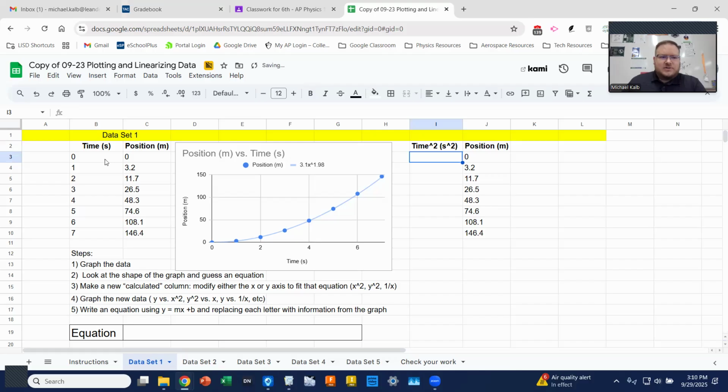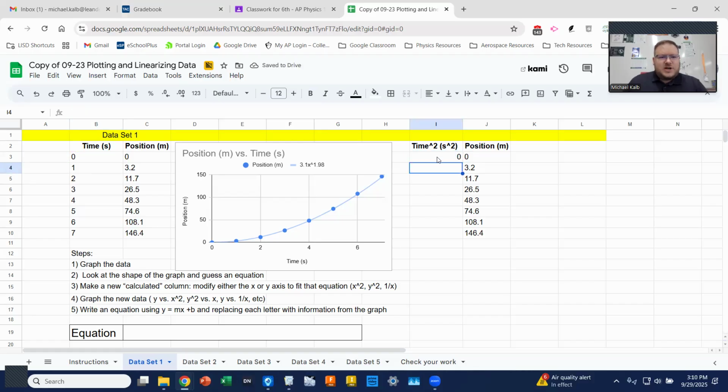Now I could go through, and all these numbers are really easy, but for repeated calculations, let's let Google Sheets do it for you. So here's what I do. Equal sign. That tells it I want to calculate something. I want it to take whatever's in this cell and square it, so shift 6, or caret 2.